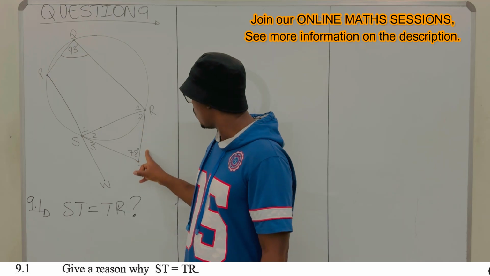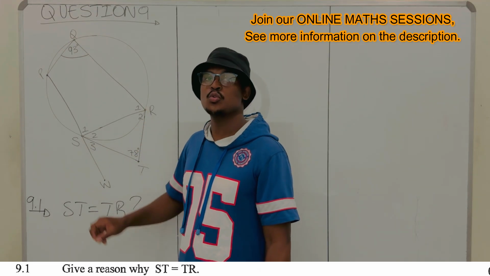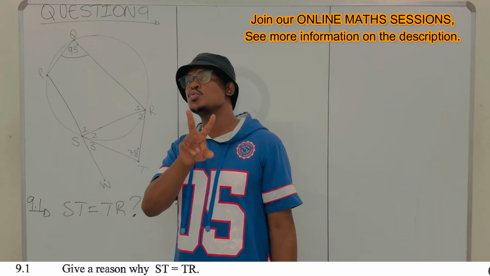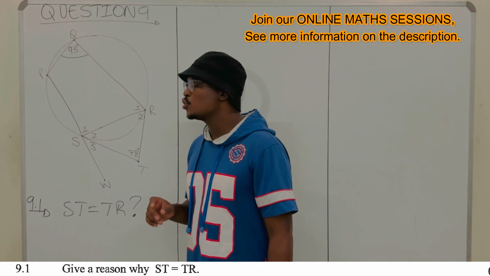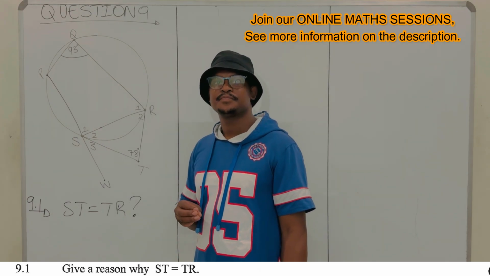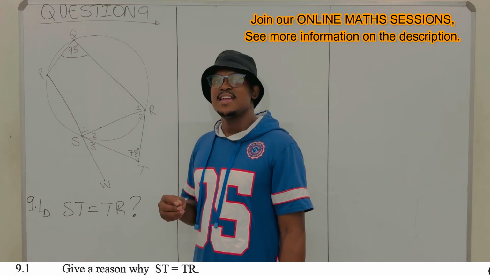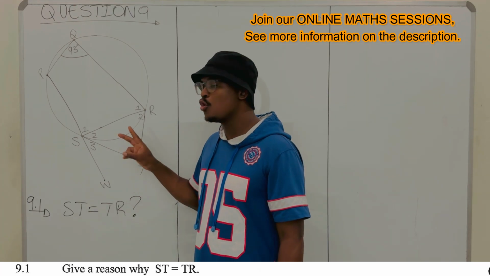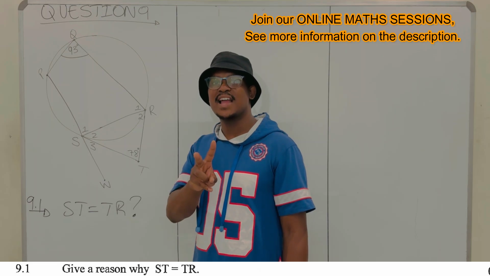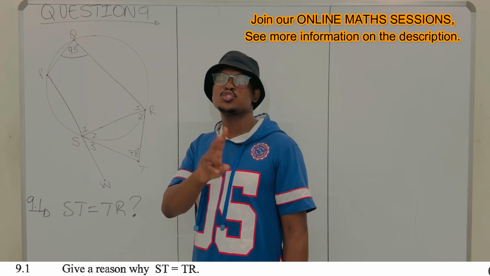One will be TR and the other will be TS. So from one point, you can draw exactly two tangents to a circle, and those two tangents will also be equal in length.